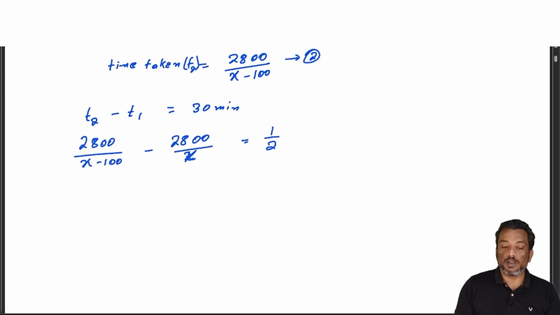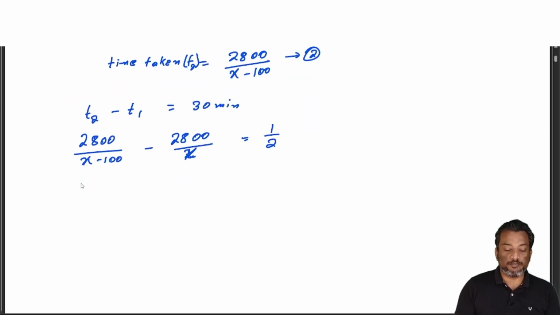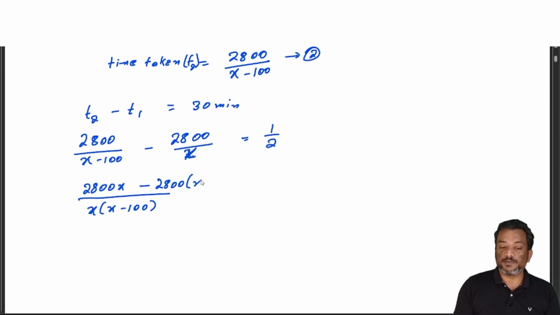Now after that you can solve this equation by taking the LCM of x minus 100 and x. So you will get the LCM as x times x minus 100. So you will get 2800 x minus 2800 times x minus 100, and this side is 1 over 2.